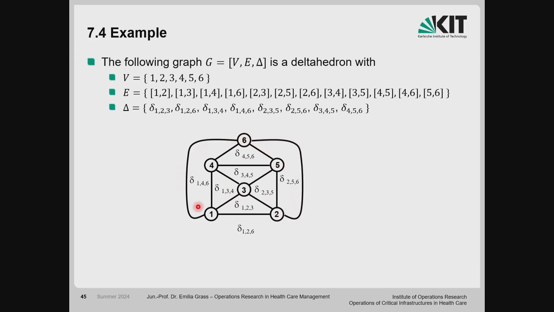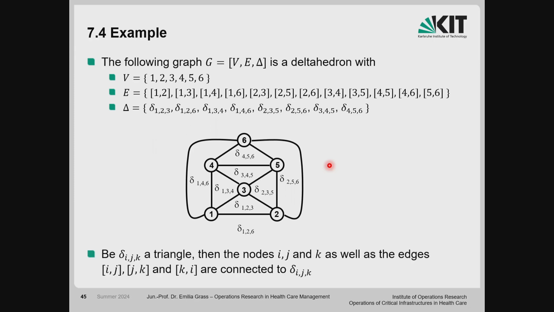And that one is also here, connecting 6, 4, and 1. It doesn't have to be a straight line. Maybe this is easier to see. And this is a maximal planar graph because as soon as we would add an edge here between 6 and 3, we would cross this edge, and then it's not a planar graph anymore.